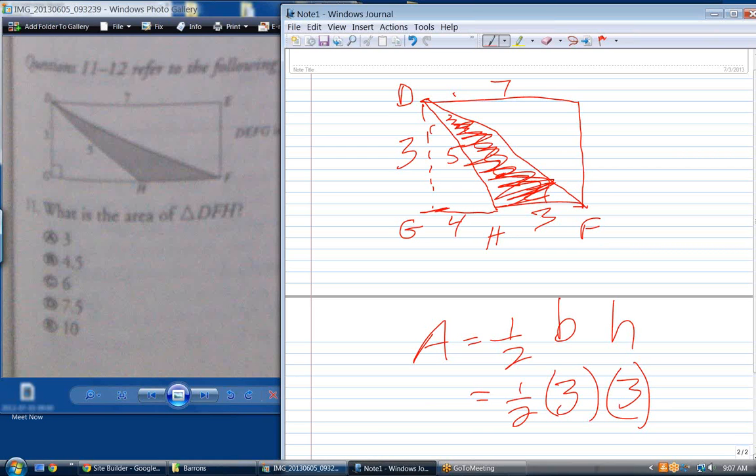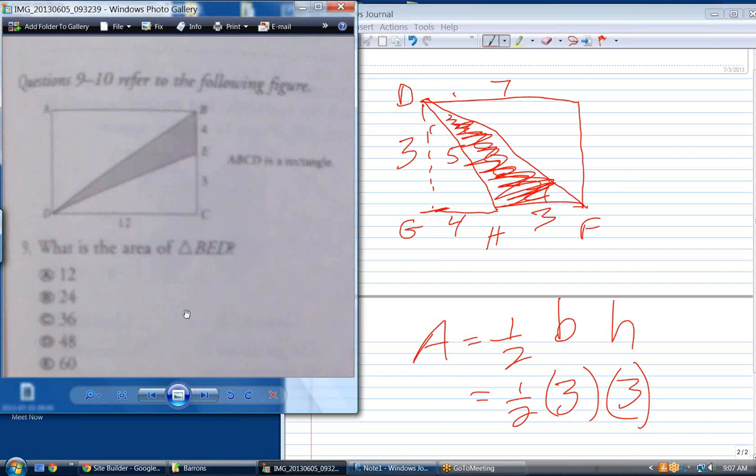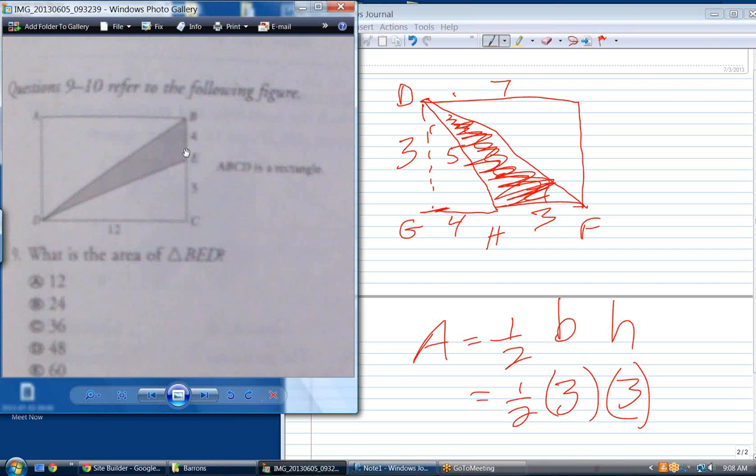Again, it doesn't matter whether these triangles are lying on their base or not. In this case, it was easy to see that HF is the base. But in the other triangle, the base is this one over here. It's the vertical measurement. Yeah, that one I'm still a little confused on.